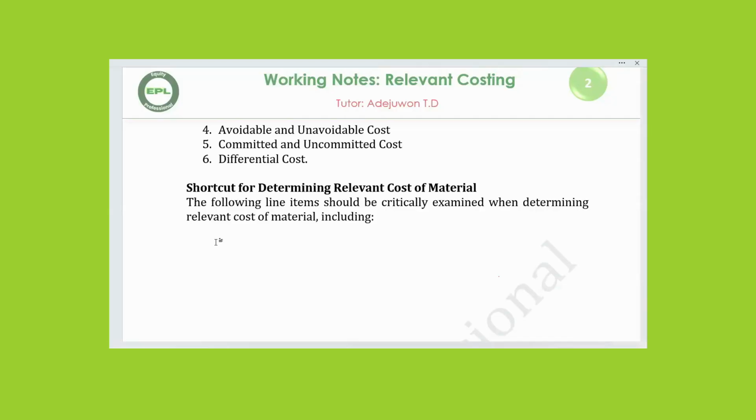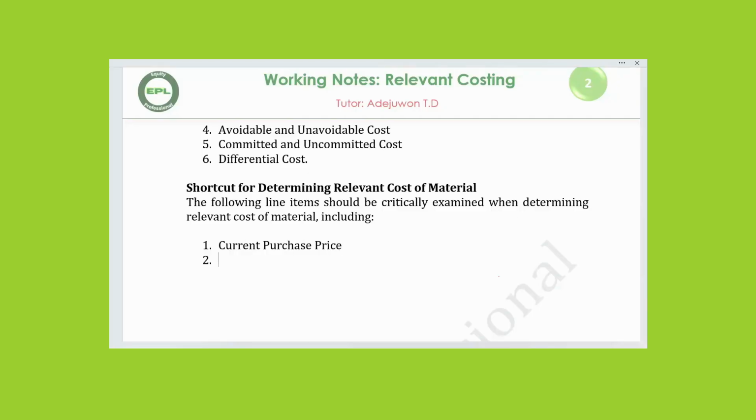All right. So what are the items? The items that you are going to be seeing in the scenario, in the question on that day, are the ones we want to discuss. The first one is current purchase price.